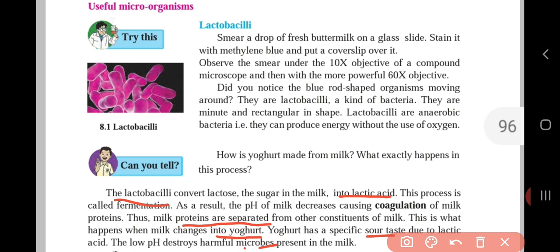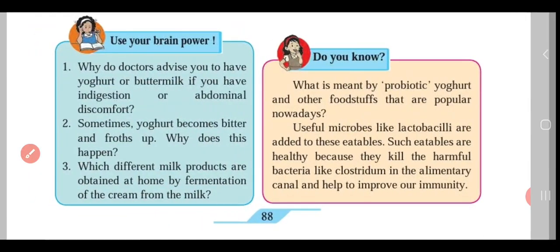So in this whole process, lactobacilli has played a very important role converting lactose of the milk into lactic acid, which results in coagulation of milk protein, and that milk protein separates as yogurt. So this is how lactobacilli is useful to us.